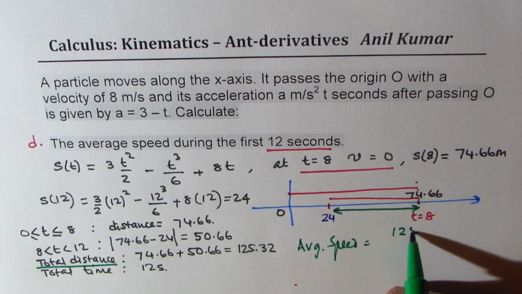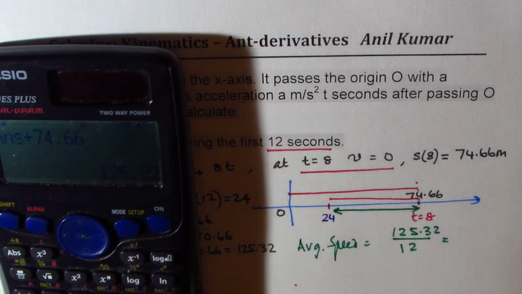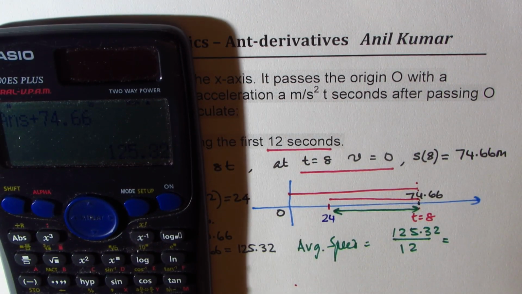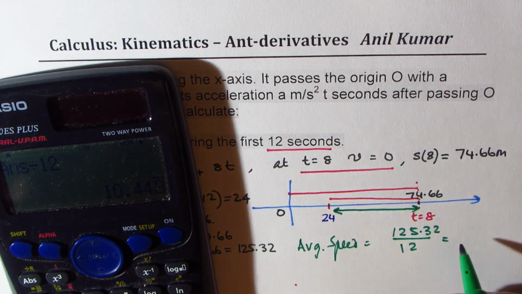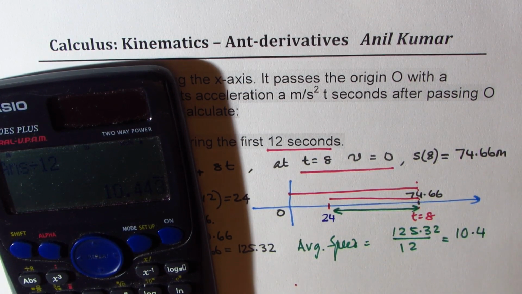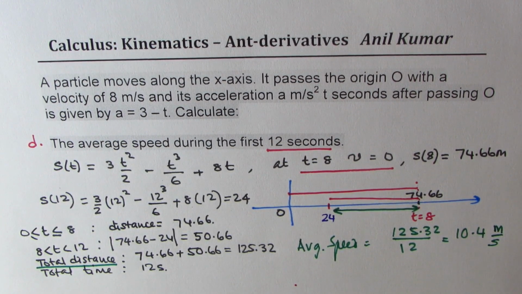So we divide 125.32 by 12, which in decimals could be written as 10.44. Let's say 10.4 meters per second. So that is how you could find the average speed of the particle.